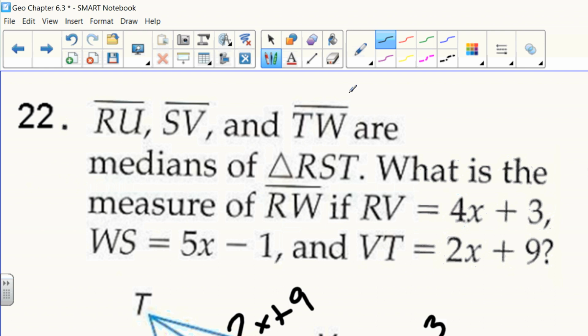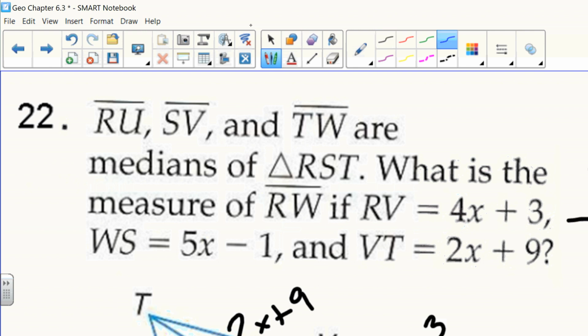So we could say that 2x plus 9 is equal to 4x plus 3, because these two line segments are congruent. We can't say that the 5x minus 1 is congruent or equal to the 2x plus 9 or the 4x plus 3, but we will say that the value of x will be the same.